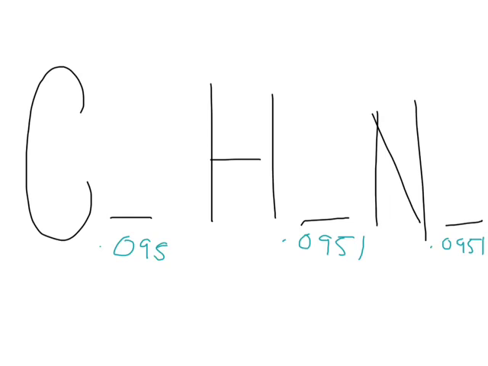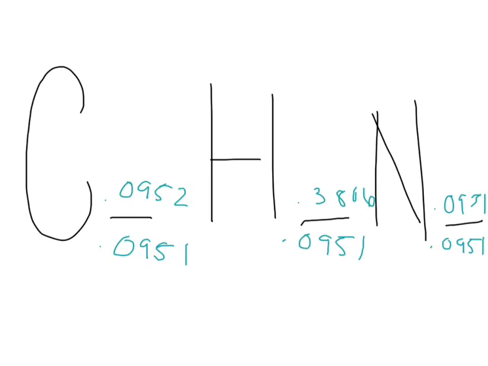Then you put the mole count for each of the elements: for carbon it's 0.0952, for hydrogen it's 0.3806, and for nitrogen it's 0.0951. Now you divide.